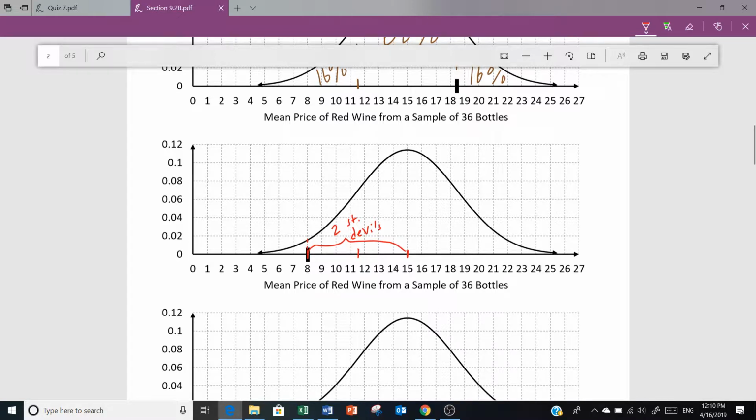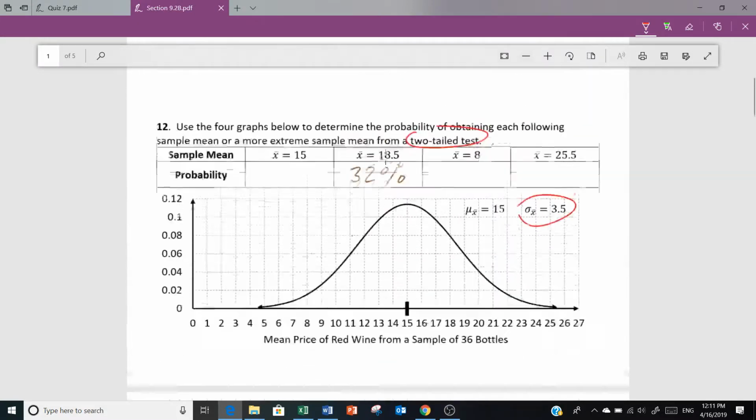So I have 95% of the values between 8 and 22, and what percent of the data is on the sides? Well, you have 2.5% here, and you have 2.5% here, so what's the total percent of getting a value outside of 95%? 5%.